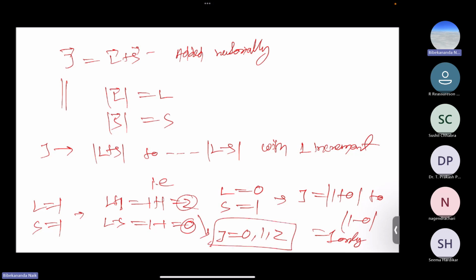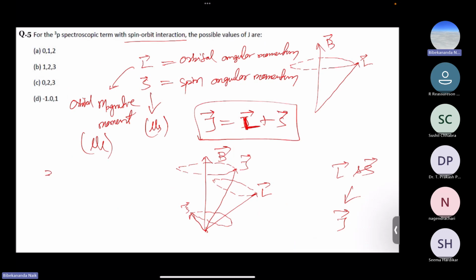So in the question, it is given for the 3P spectroscopic term. Here you can clearly see, 3P means what? We know this 3 is 2S plus 1. So 2S plus 1 is 3, which gives S equal to 3 minus 1 by 2, which is 2 by 2, that is 1.